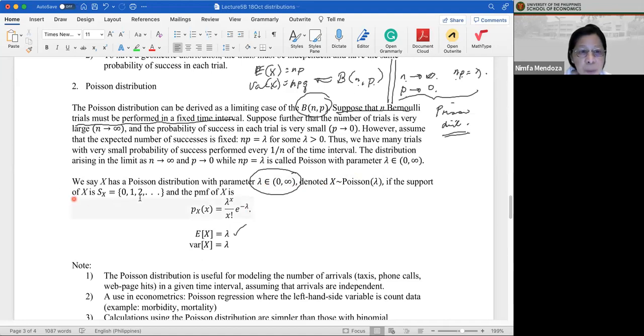The support of X and the probability mass function of X is this: lambda to the x over x factorial, times e to the minus lambda. Note that the mean and variance are identical, both equal to lambda.